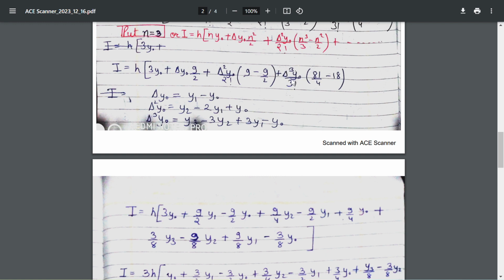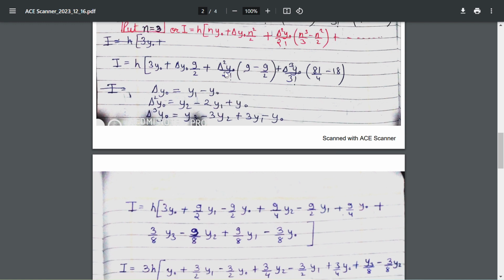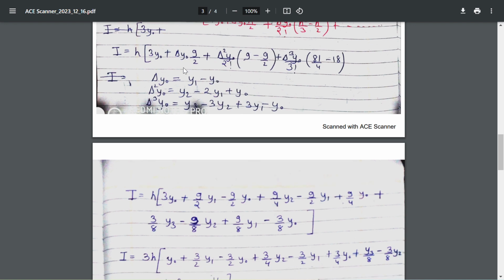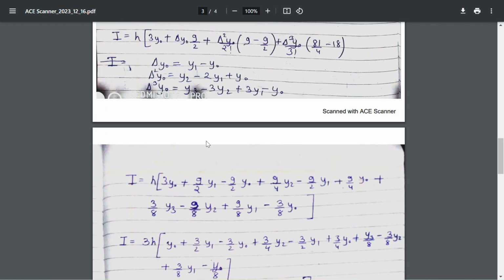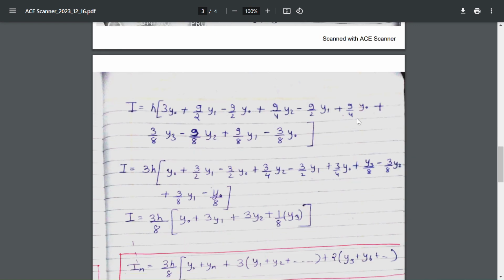Del cube y0 means third forward difference of y0, del square y0 means second forward difference of y0, and del y0 means first forward difference of y0. So this is the formula for that, and on putting these formulas in this equation we get this result.